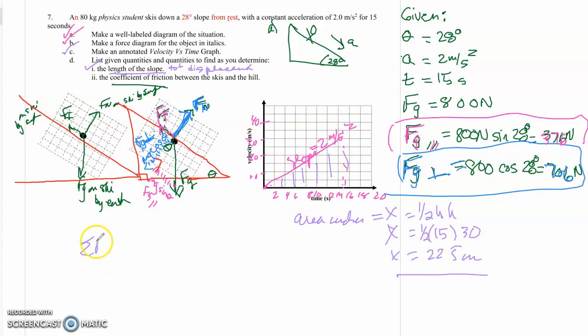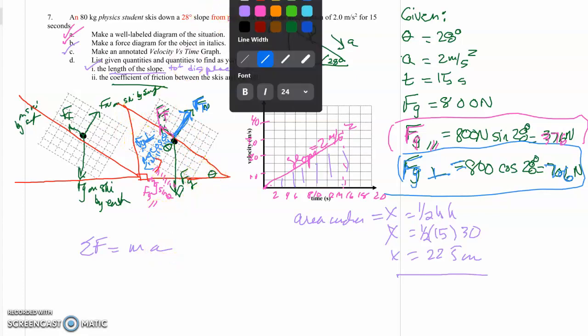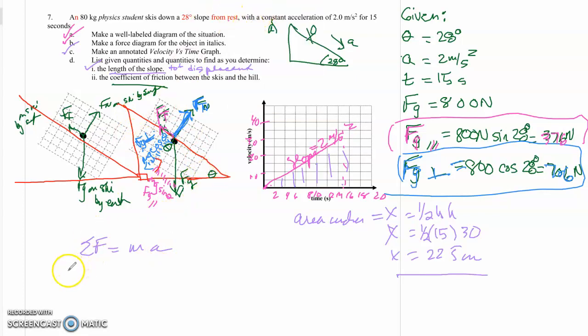So I'm inclined to say sum of F equals MA, right? In the X direction, it's going to be FG parallel. Now I notice that I really didn't do my equality statement, which is kind of crappy, equals MA. And what do they want? Coefficient of friction. So I know this number because I already found it, didn't I?